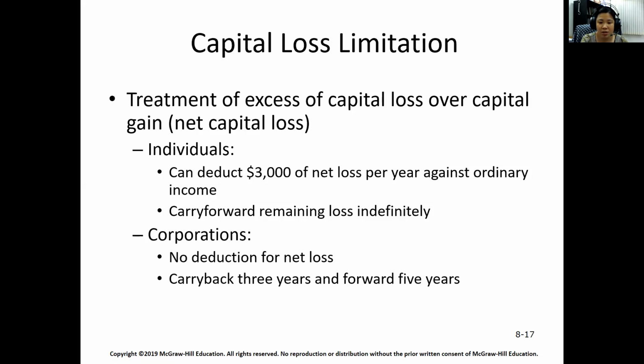The capital loss can be carried back 3 years and forward 5 years. So if you have a capital loss, you cannot deduct it, but you can carry it back 3 years and forward 5 years, and you can deduct it when you have a capital gain.